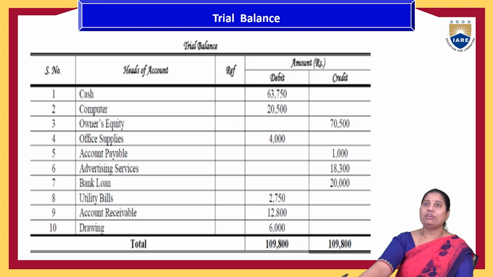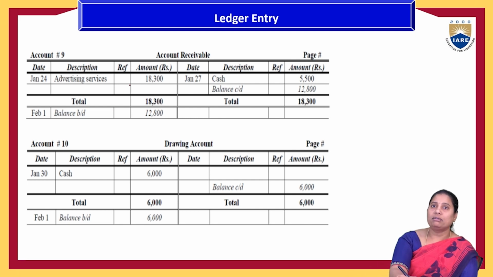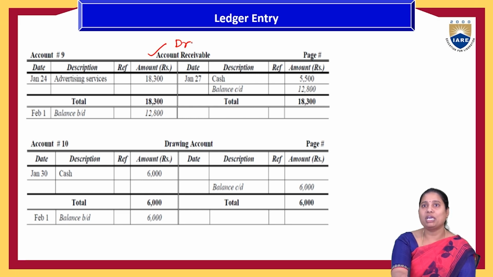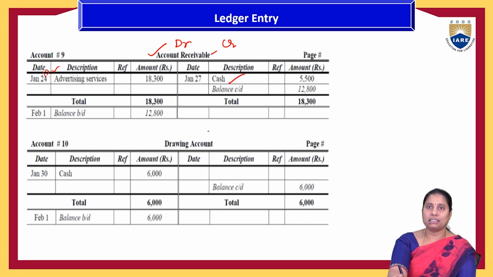For every account, we can prepare this ledger account. And while preparing this ledger account, if that particular account is on the debit side, the opposite account will be on the credit side, and vice versa.